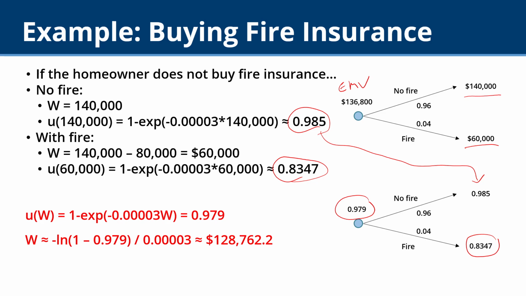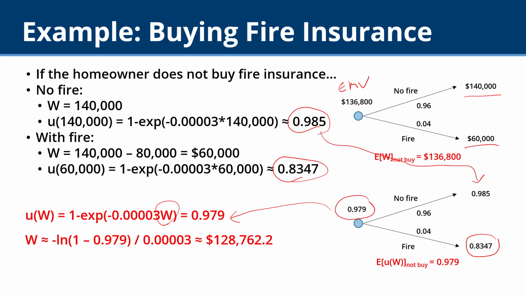So again, I take this value, set it equal to my utility function, and then solve for W. It ends up being $128,762.20. So then we could look at this and see how big of a difference this is relative to the monetary value. The expected monetary value for not buying was $136,800.